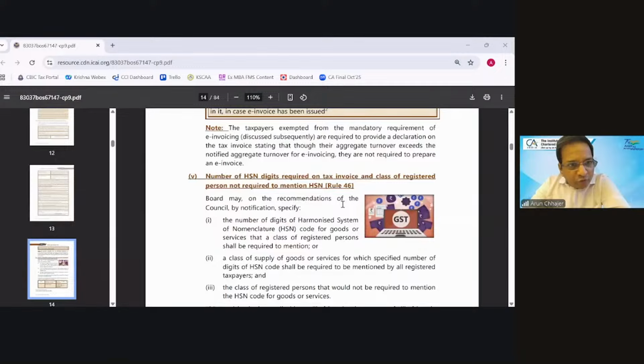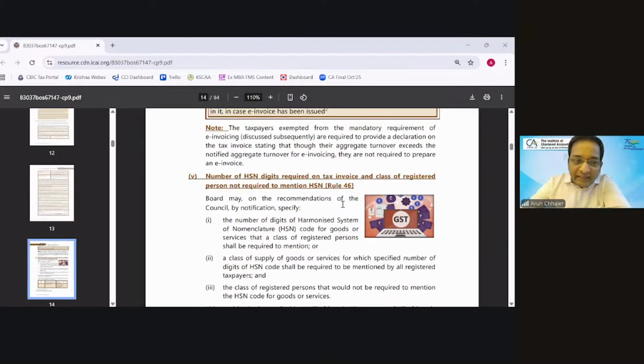If it is up to 5 crore, then 4 digit. If it is more than 5 crore, then 6 digit. No, no, it is not 8 and 6. It is 4 and 6.